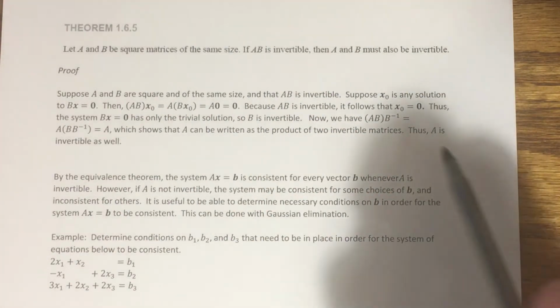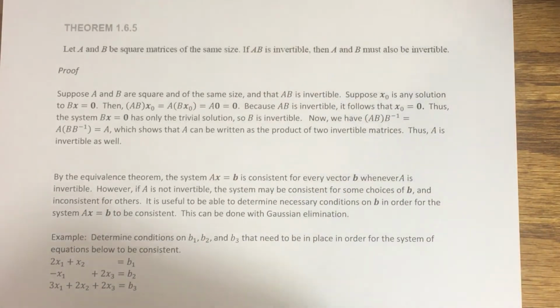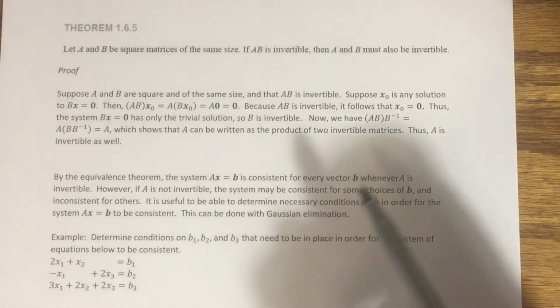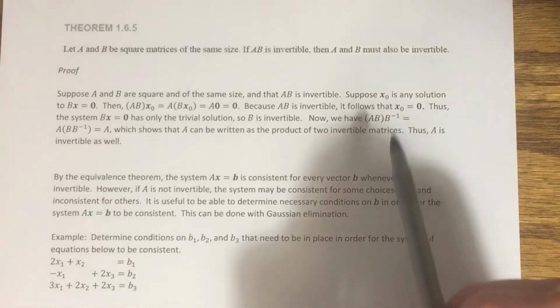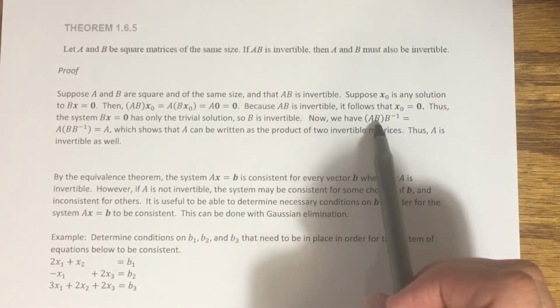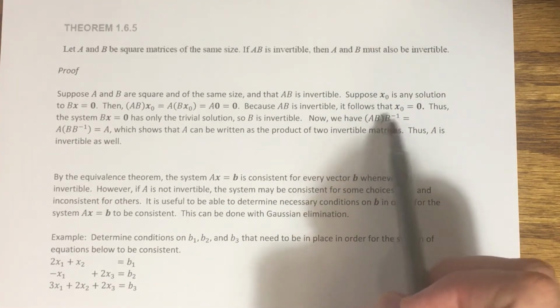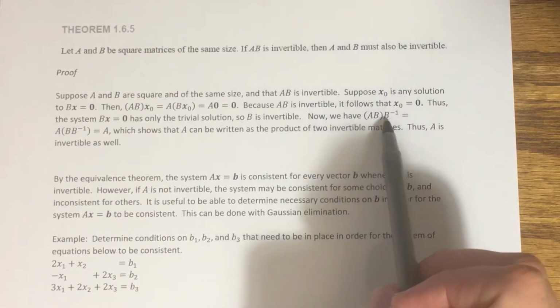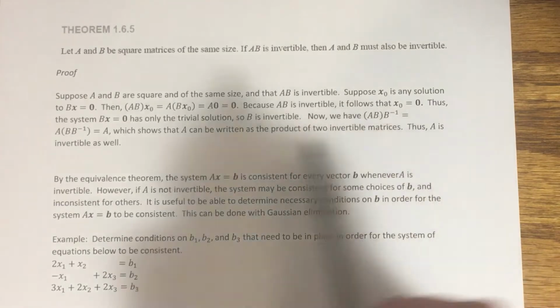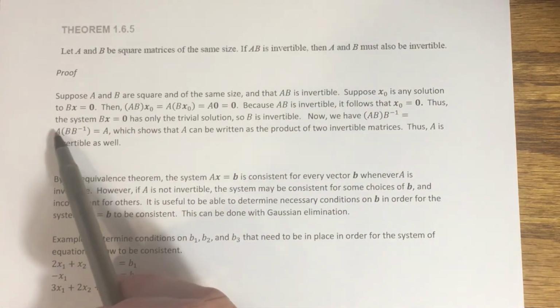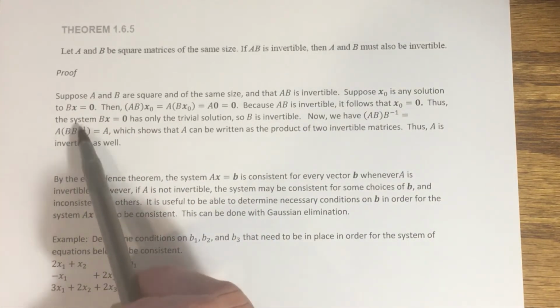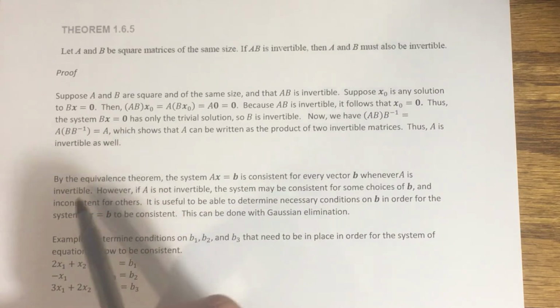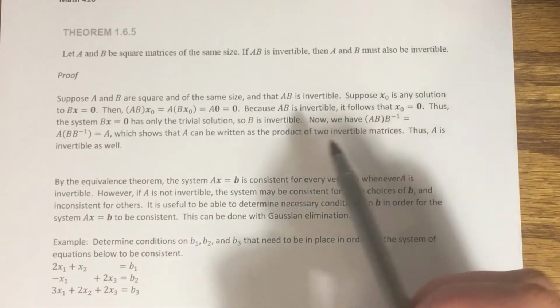Okay, so now we need to also show that A is invertible. If we have AB times B inverse, and we shift the parentheses using our associative property, we get A times B B inverse, which equals A times I, which equals A. What did we just do? Why did we bother doing that?